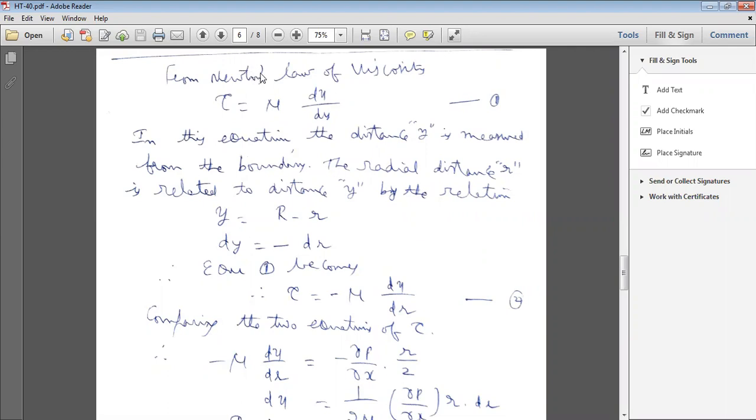From Newton's law of viscosity, how do you find shear stress? One equation: shear stress tau is equal to minus dou p by dou x into small r by 2. That is one equation for the pipeline flow.